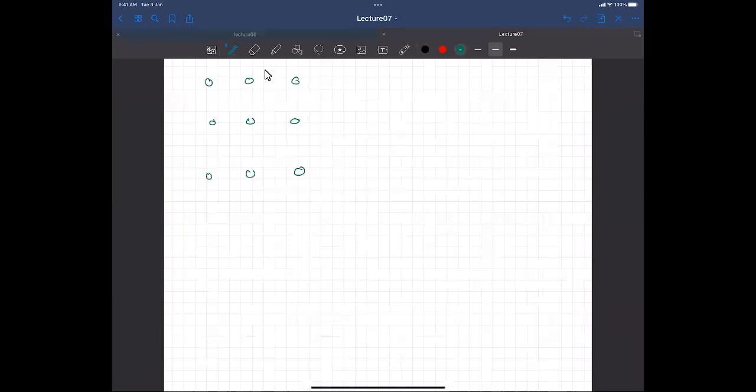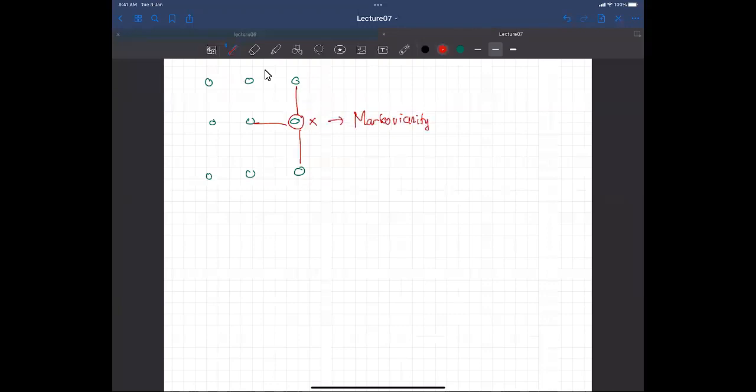What you need to do is just connect this pixel with its neighbors. That's the concept of Markovianity, also called Markovianity or local operation.